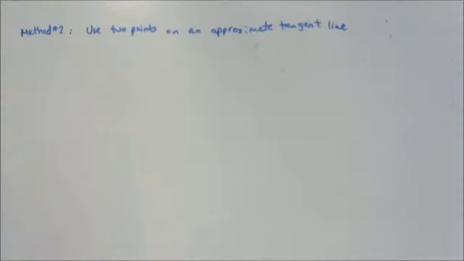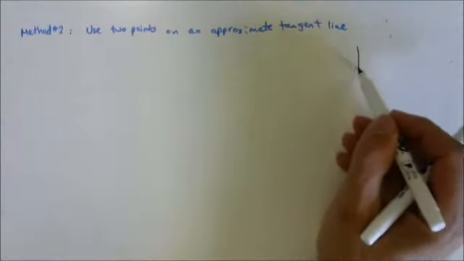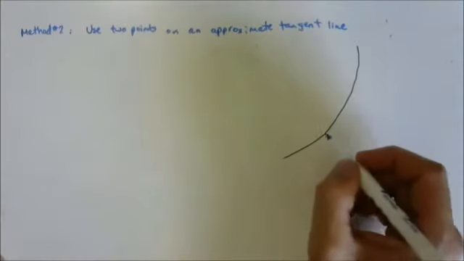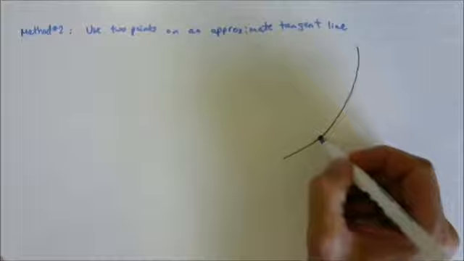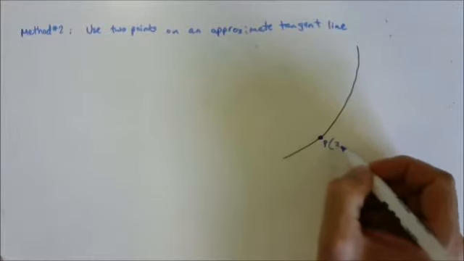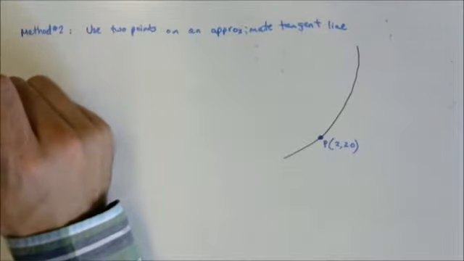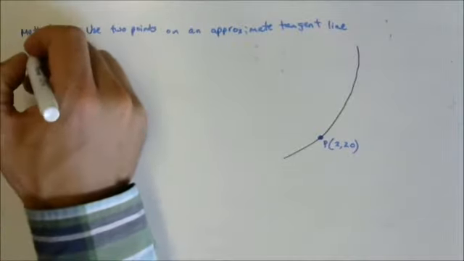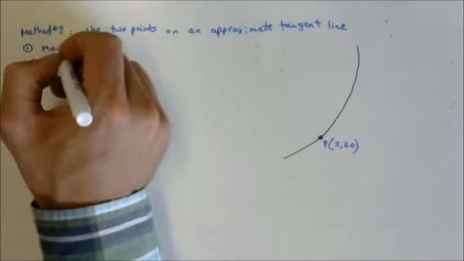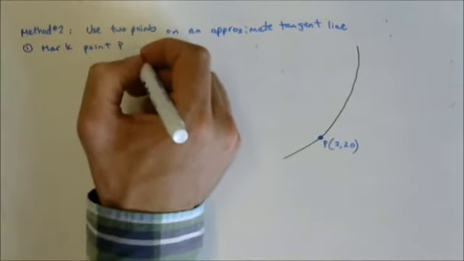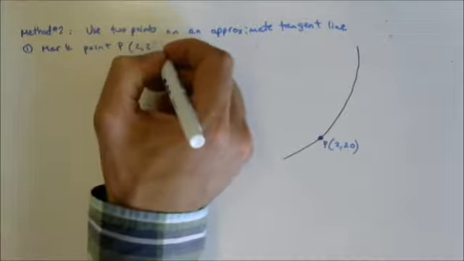So basically, we're going to take that same curve that we have, and we're going to indicate point P, which was (2, 20). So your picture should look very much the same already. We're going to mark point P at (2, 20).